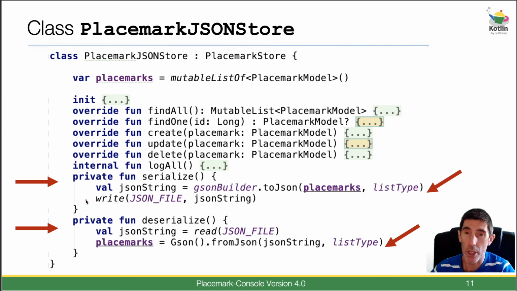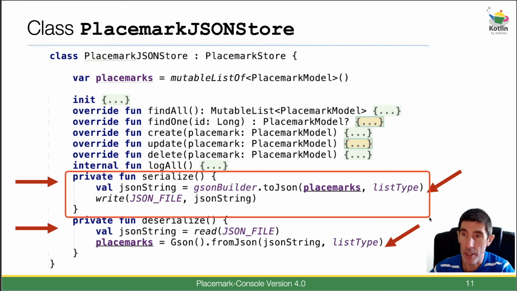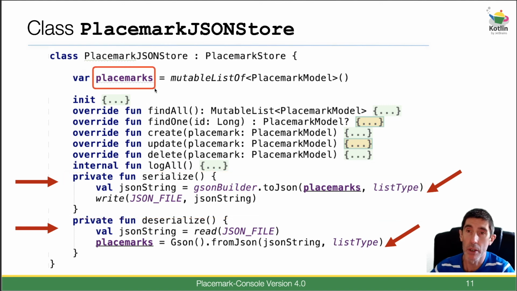Inside our serialize, which will write it out to disk, we say val JSON string is assigned JSON builder dot toJSON, which takes two parameters: the placemarks, which is our list up here, that gets passed in down here, and, very important, a list type.